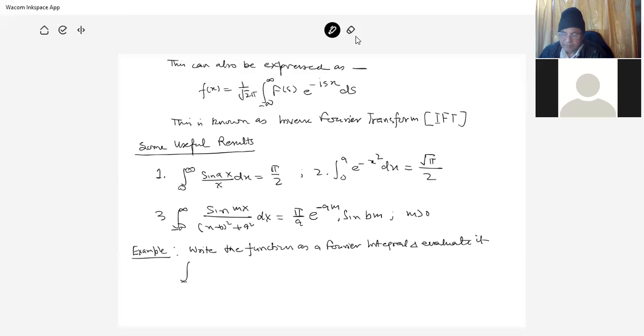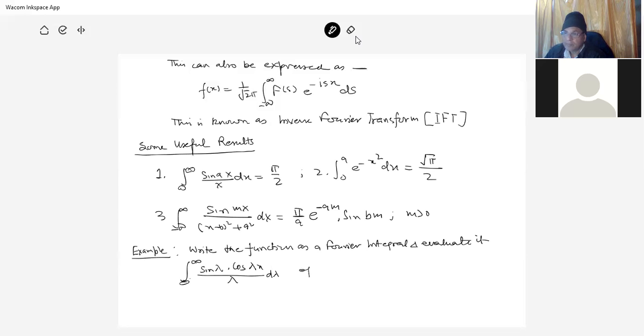What is the integral from 0 to infinity of sine lambda cos lambda x upon lambda d lambda?